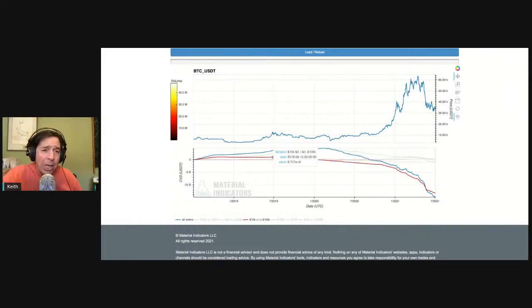Okay, think about the way you trade. When you buy a position, especially if you're scalping, we all may dollar cost average our way into a position. But when you sell, do you sell as one order, or do you split your order up into different levels so you have split take profits?